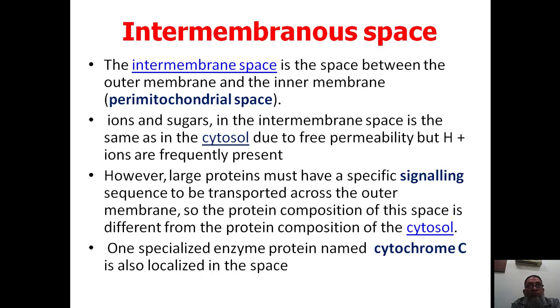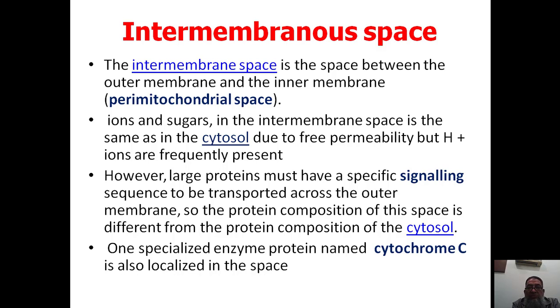So this cytochrome chain system will produce more H ions. They will be freely moved from the mitochondrial matrix toward the intermembranous space. So H ions are more prominently present in the intermembranous space.